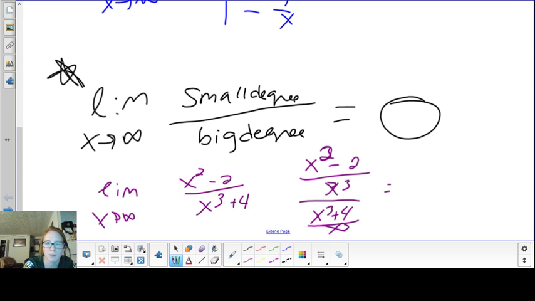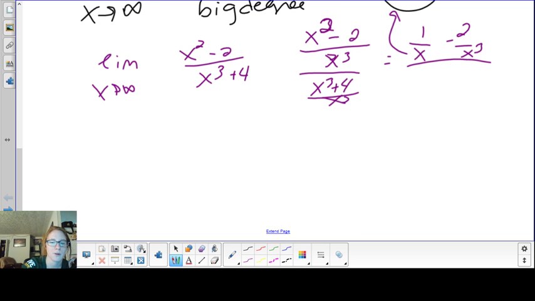The top would give me 1 over x minus 2 over x cubed. And it doesn't matter from there, because both terms will end up going to 0, and 0 divided by anything, no matter what, is still going to be 0.